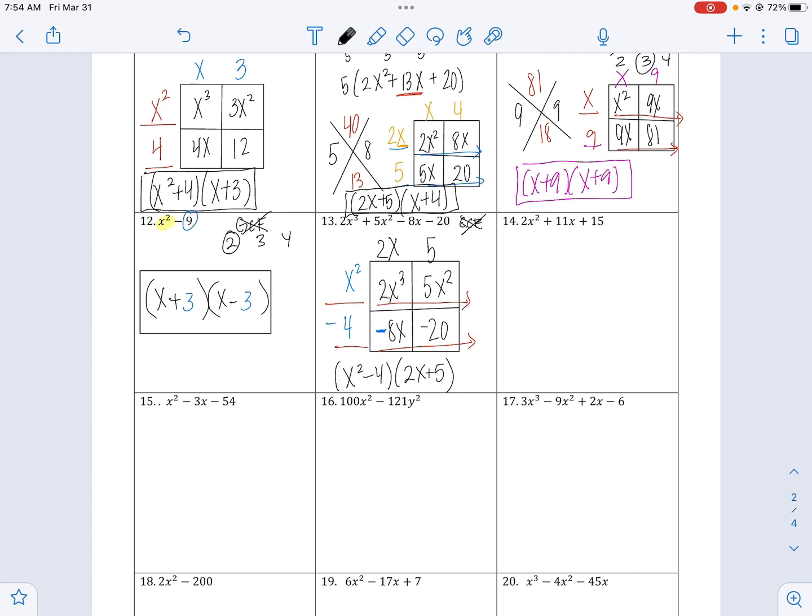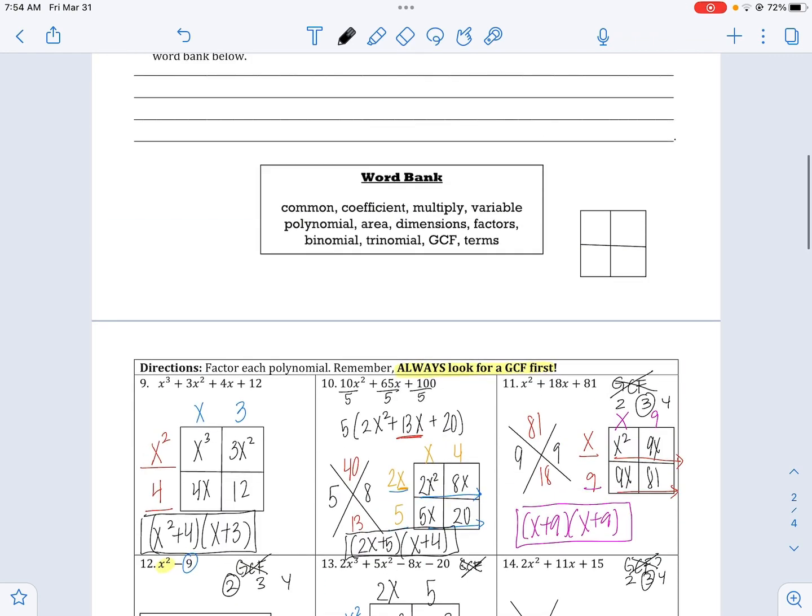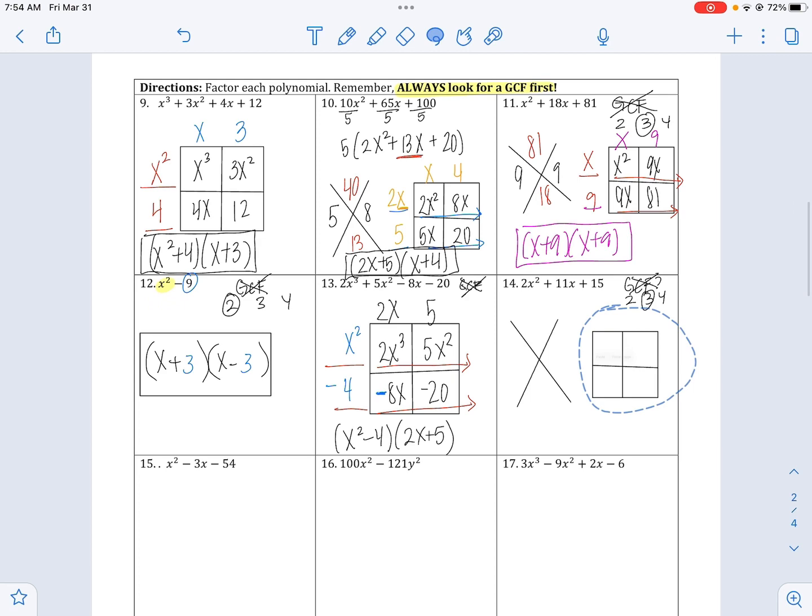Okay, next one. So do I have a GCF? No. 2 terms, 3 terms, or 4? I have 3. So I'm going to create my box, and I'm going to create my x. Okay, and my x doesn't look great, so I'm going to go ahead and fix it. There you go. And then copy and paste it over here.